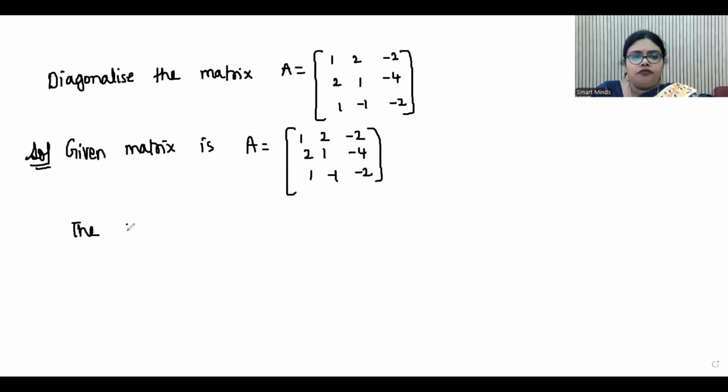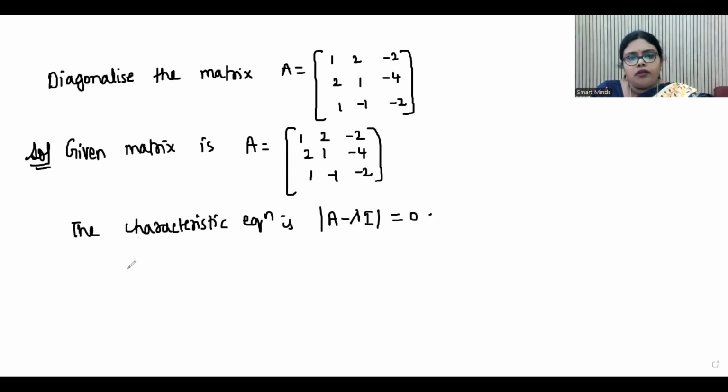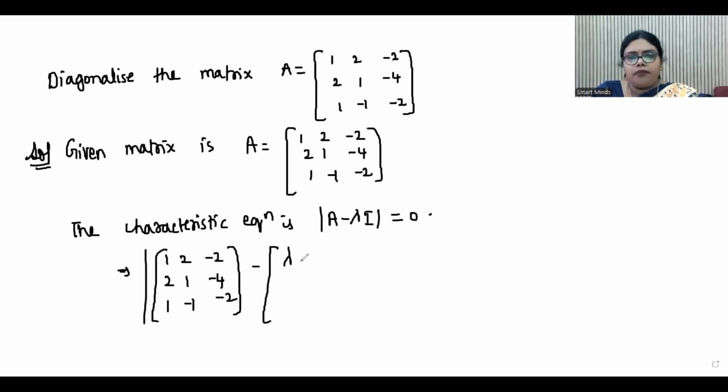Now first we need to find the characteristic equation. So what is the formula for the characteristic equation? It is determinant of A minus lambda I is equal to 0. So first we need to write the A matrix [1, 2, -2; 2, 1, -4; 1, -1, -2], minus lambda I, which is [lambda, 0, 0; 0, lambda, 0; 0, 0, lambda], is equal to 0.